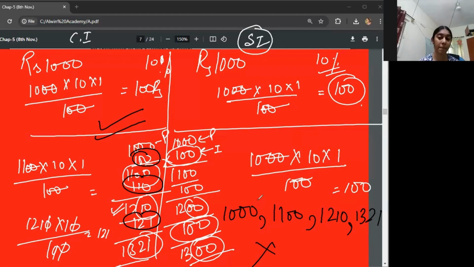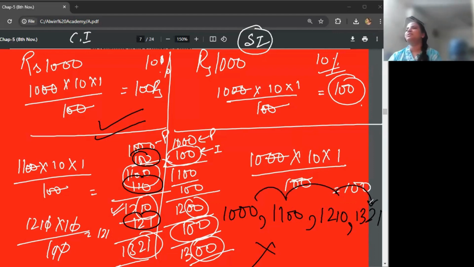Why not an AP? Because you're adding, the difference is not common, you're adding different things to it. Understood or not, bachche? Clear everyone? Compound interest is never an AP.